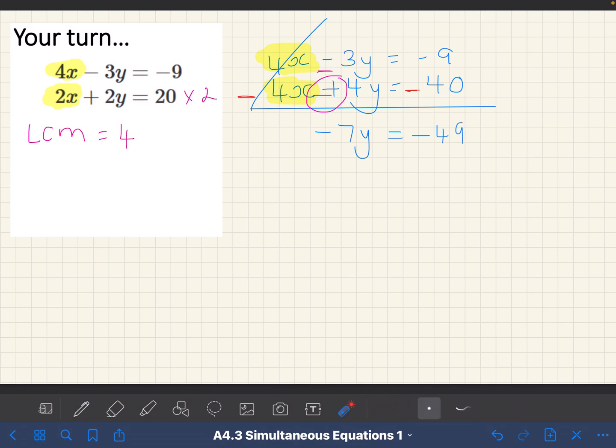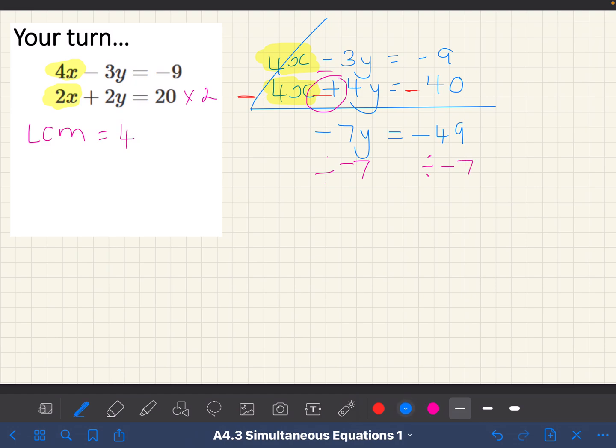One step equation now, a little bit trickier than last time because we're dividing by a negative value, but we should remember that a minus divided by a minus gives us a positive value. So if we look to get y on its own, we're going to do that by dividing by minus 7 on both sides.